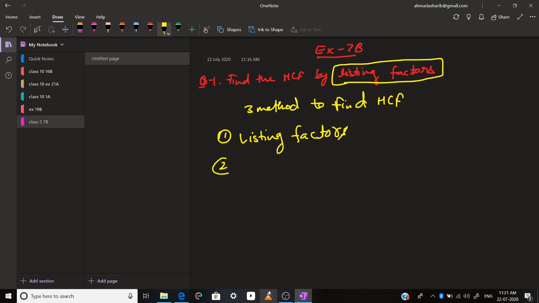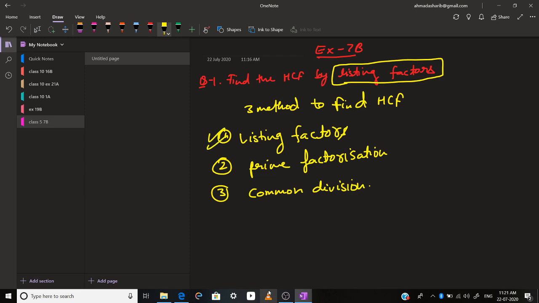Number two is prime factorization, and number three is common division. These are the three methods. So first of all we have to learn the first method, whose name is listing factors. Okay, so shall I start today's class?